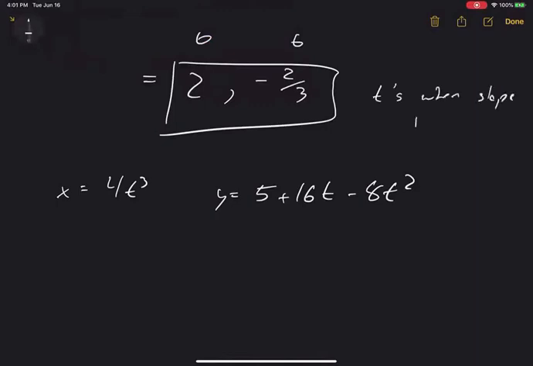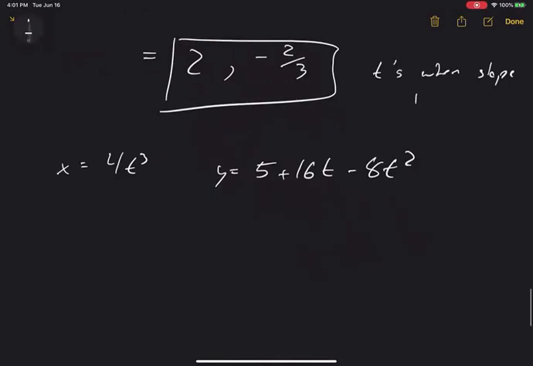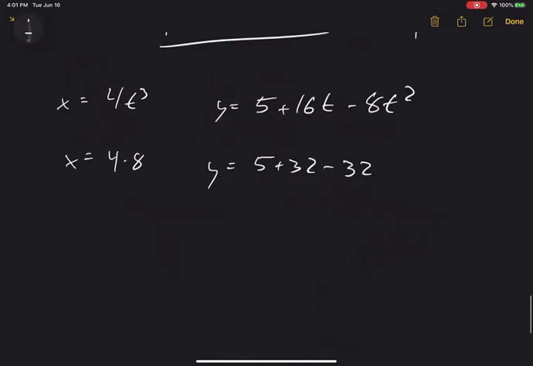I want to find the xy values when the slope is 1. So I'm going to take 2 and plug it into these. So I would get x equals 4 times 8 and y equals 5 plus 32 minus 32. So x equals 32 and y equals 5.